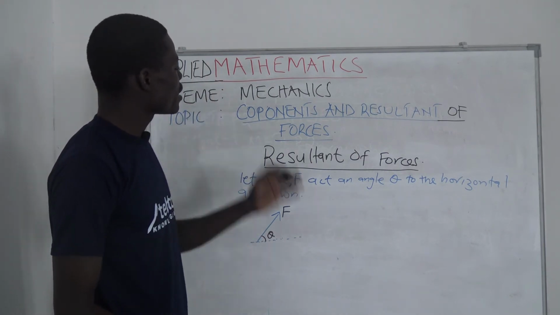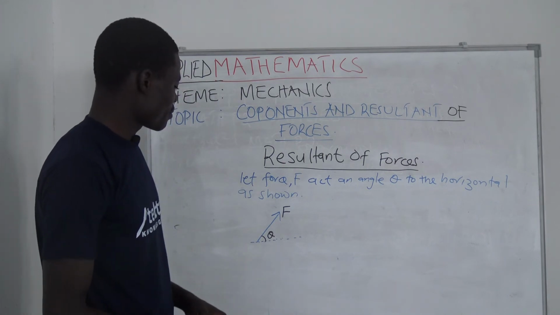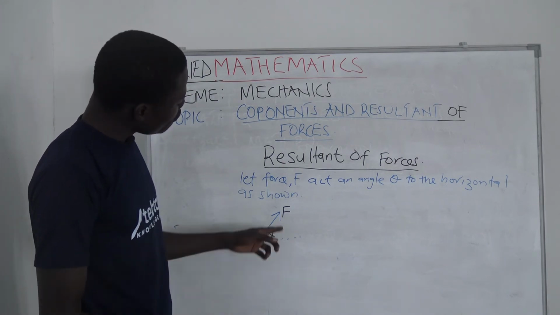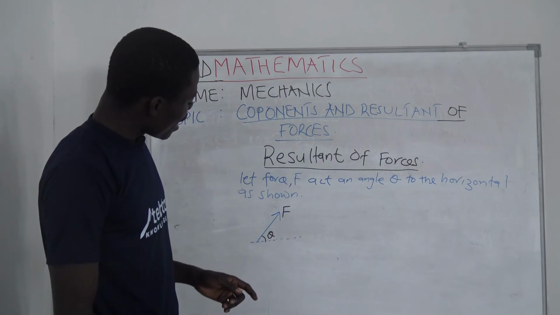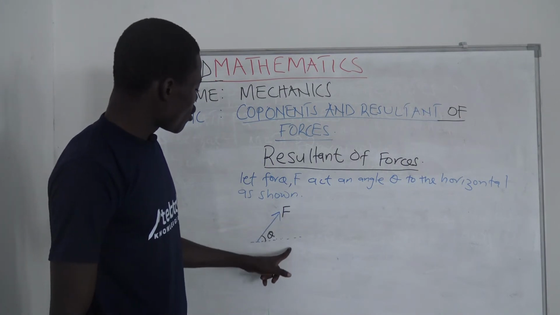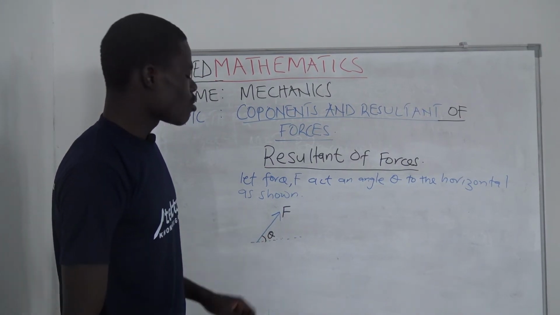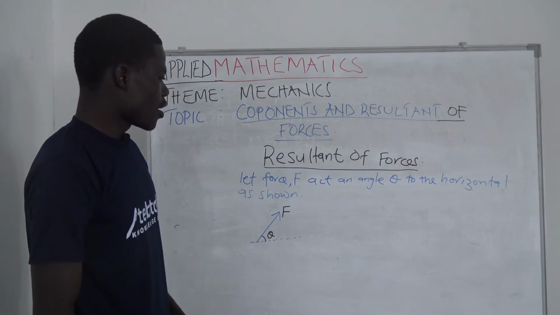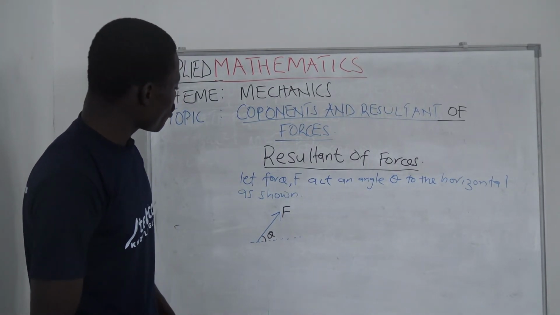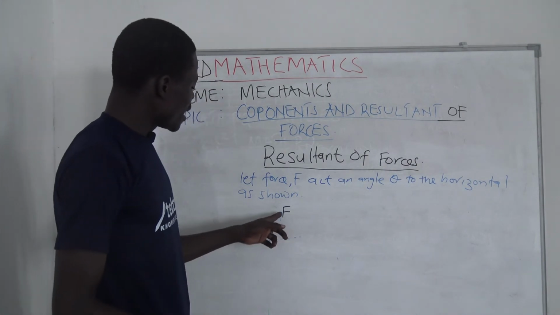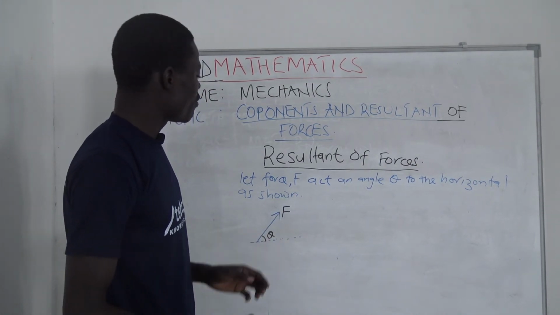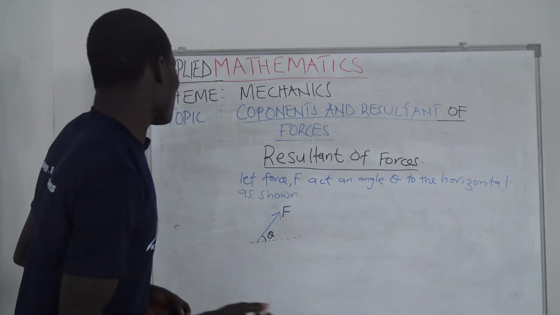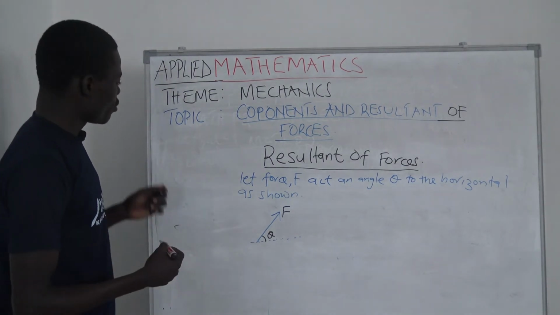So, here it leads us to components of forces. This force acting at this angle has both horizontal and vertical components. From your trigonometry in O level, you can get the horizontal component and the vertical component. Let us look at what you covered in O level in trigonometry.